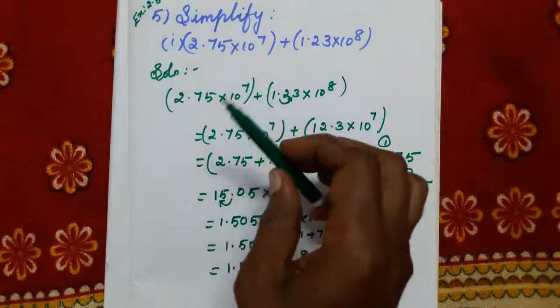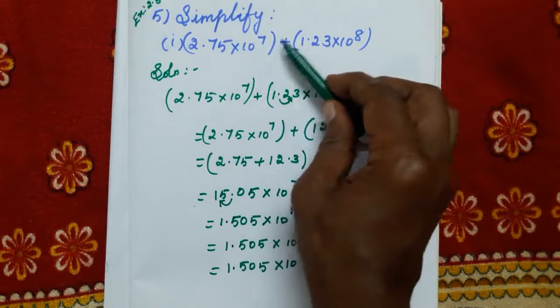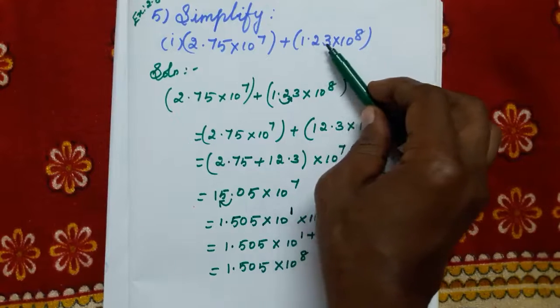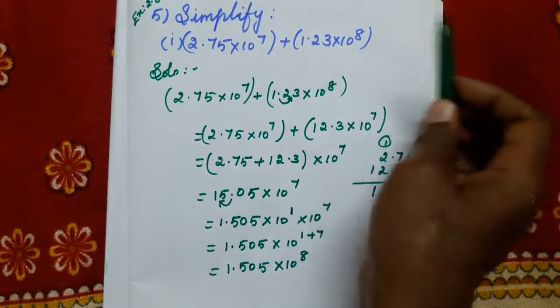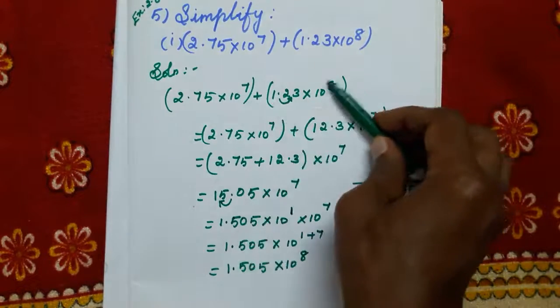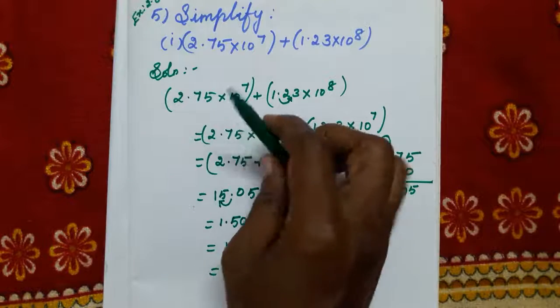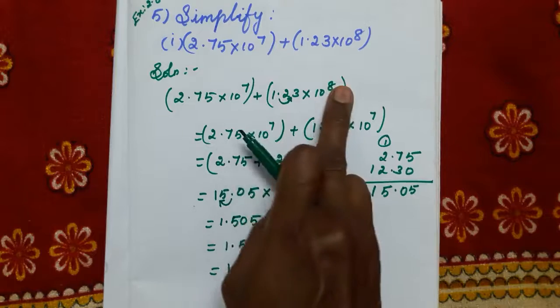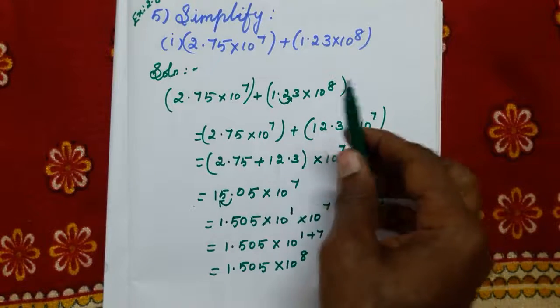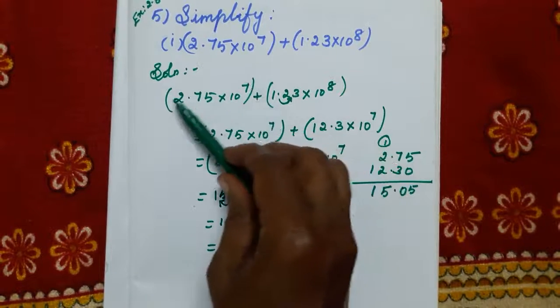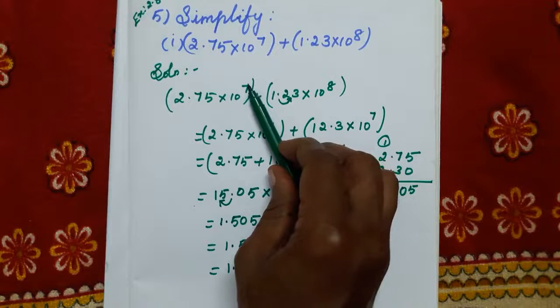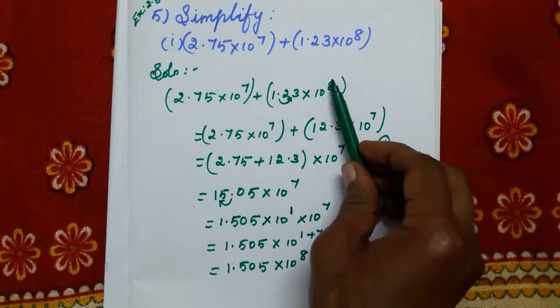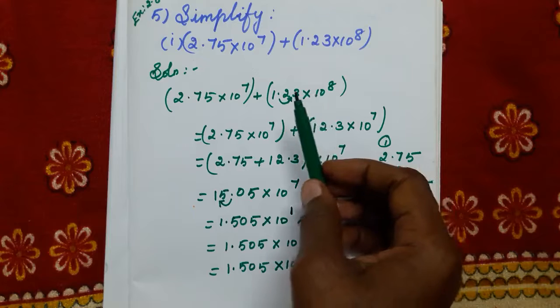First what we have to do? 2.75 into 10 power 7 plus 1.23 into 10 power 8. Here the powers are not same, so we want to convert into the same order. For that, we can convert this number into 10 power 8 or we can convert this number into 10 power 7.